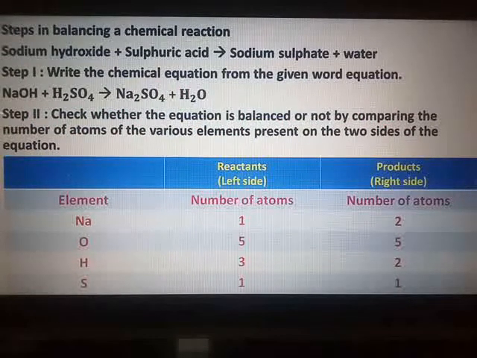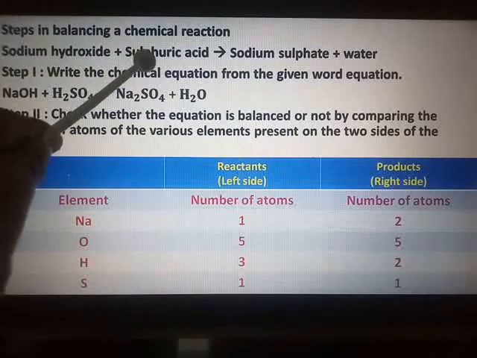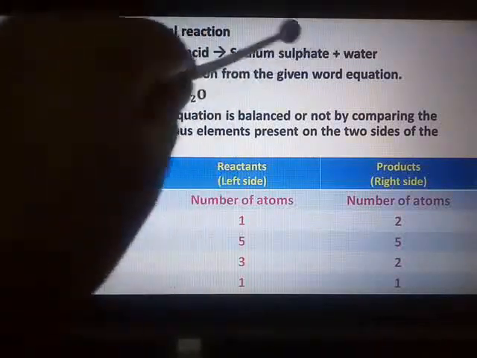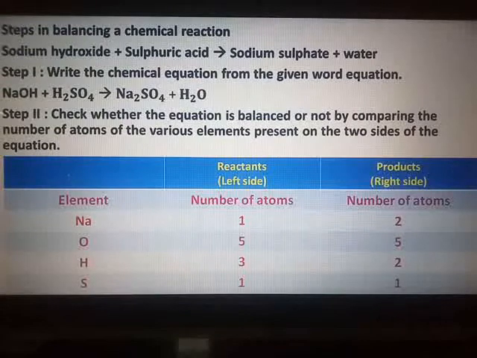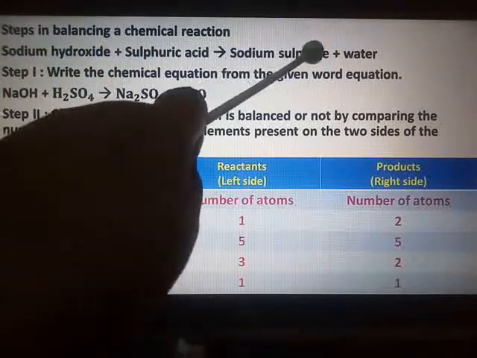Now, a chemical equation is balanced step by step. The first step: the chemical reaction taken here is sodium hydroxide reacting with sulfuric acid, forming sodium sulfate and water. Here you can see the reaction is written in word form.